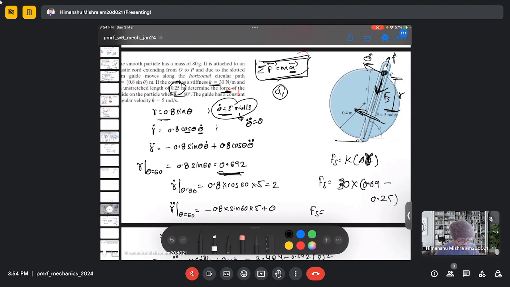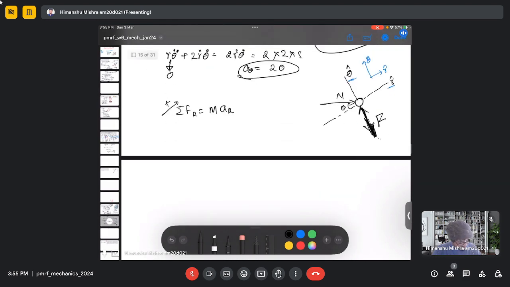So my force due to the spring will be 13.24 Newton, acting in this direction.